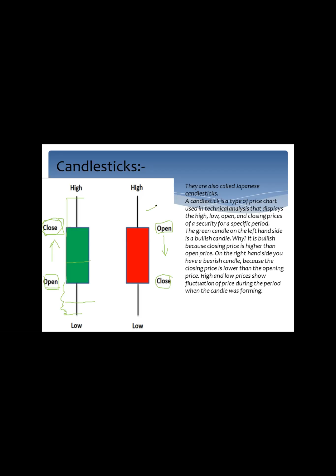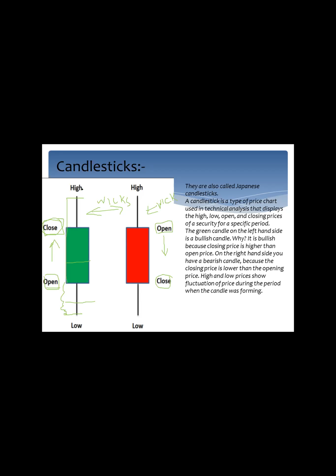This is called a wick. This as well, these are called wicks. You can call it wicks, you can call it shadows, you can call it tail, whatever, but I call it wicks.